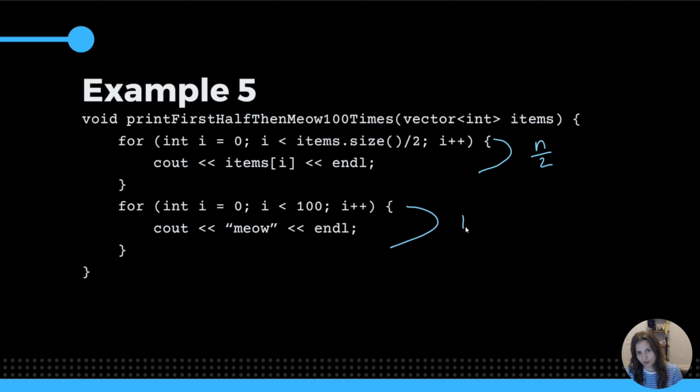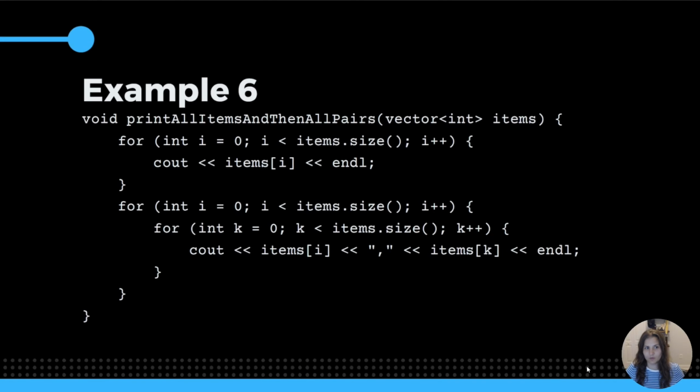So this is n divided by 2 plus 100. The big O of this is O(n), because really this here is 1/2 times n. We can drop our constant, and it doesn't matter for this constant as well, so we can remove that, and that makes us have the big O of n.